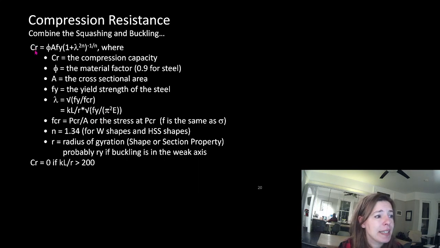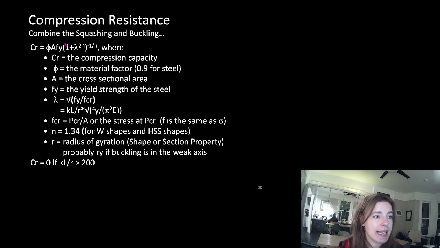Here it is. CR equals the reduction factor times the area times Fy times, in brackets, 1 plus lambda 2n, to the power of minus 1 divided by n. I'm sorry the equations get so ugly at this point, but they come from somewhere.